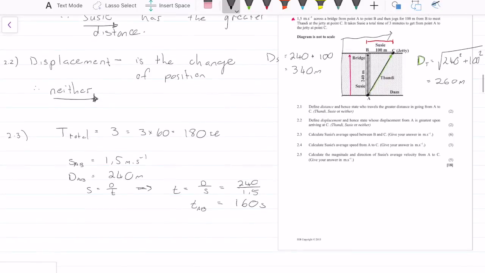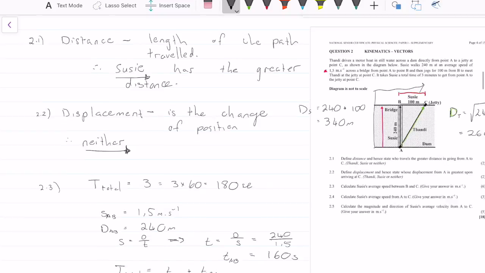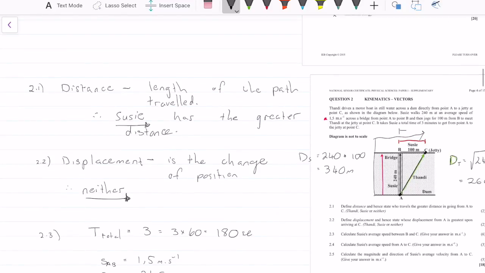That means that the total time, T total, is equal to T_AB plus T_BC. And therefore, by manipulating this, the time to travel BC is equal to 180 minus 160 seconds, which gives us a total time of 20 seconds. So the time it takes Susie to travel this distance here is 20 seconds.